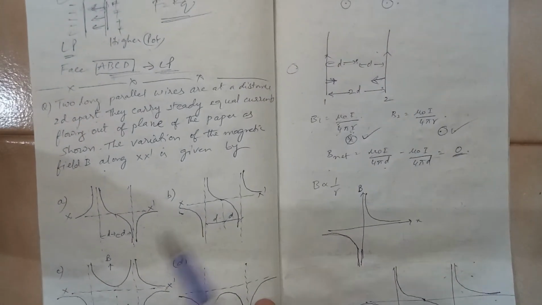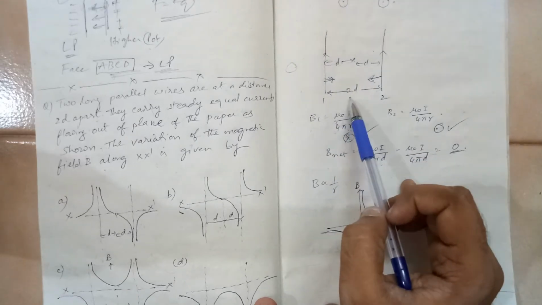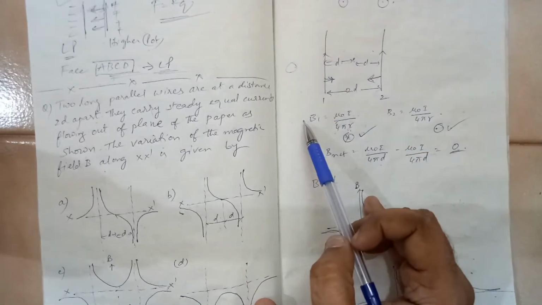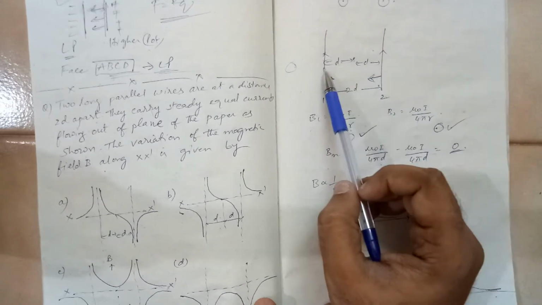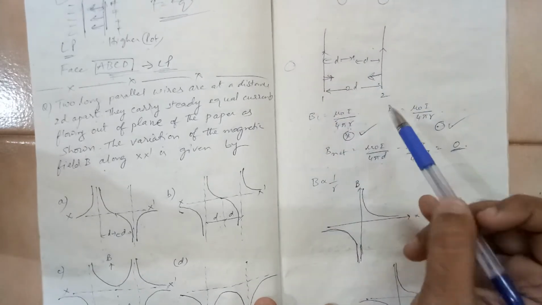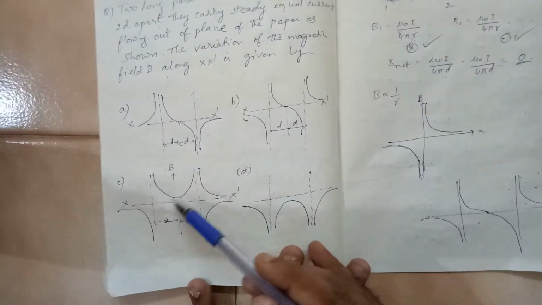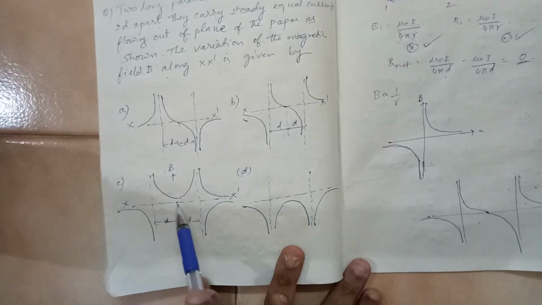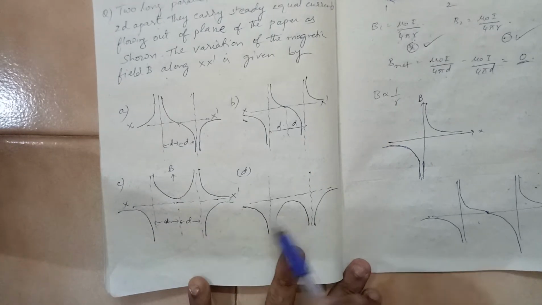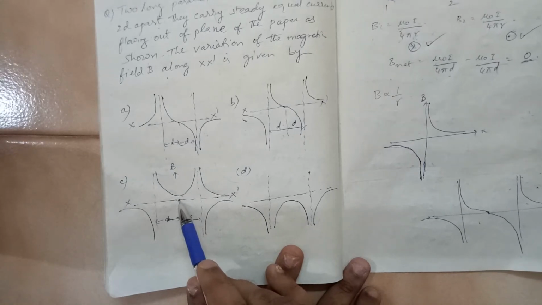So what are we trying to say? These two wires are separated by 2d distance. At the midpoint, the combined effect of the magnetic field because of both wires will be equal to 0. If you look at the graphs, these are two wires. If you see option C and option D, at the midpoint the values are not becoming 0.